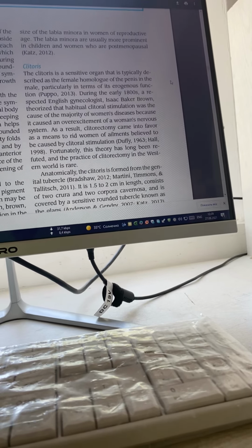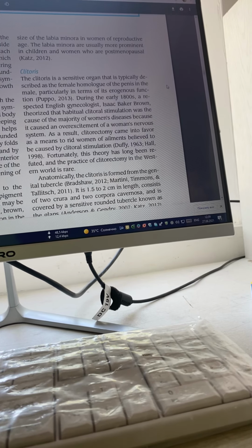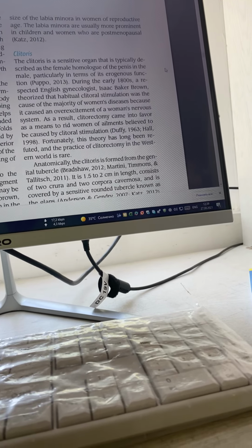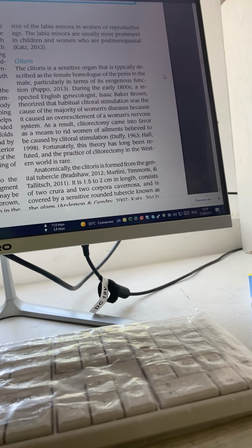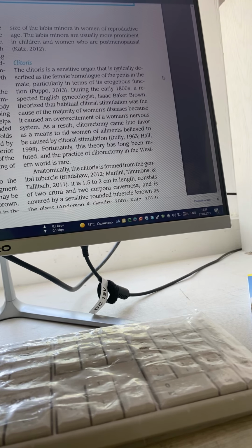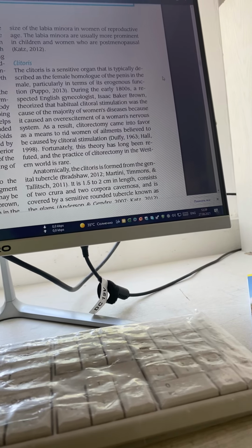During the early 1800s, Isaac Baker Brown, a respected English gynecologist, theorized that habitual clitoral stimulation was the cause of the majority of women's diseases because it caused an overexcitement of the nervous system.